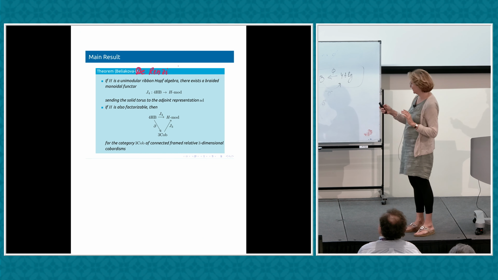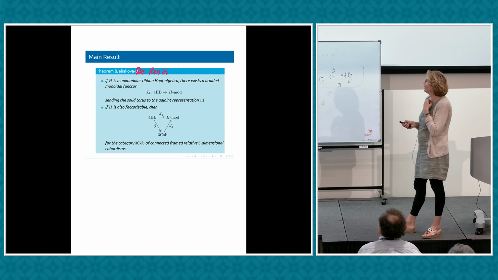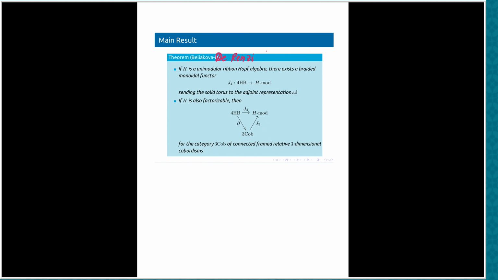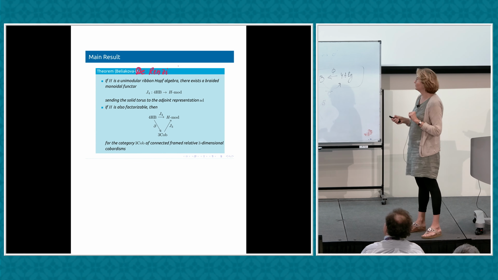What we realized with Marco is that given any unimodular Hopf algebra, and here I'm putting finite dimensionality in the definition of unimodularity, so it means a finite dimensional unimodular Hopf algebra, and any quantum group satisfies this condition, well, almost any, you have a functor from this 4HB to H-mod.